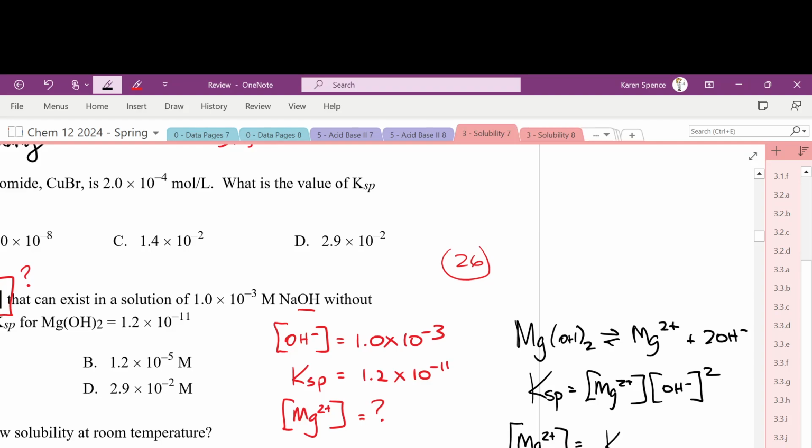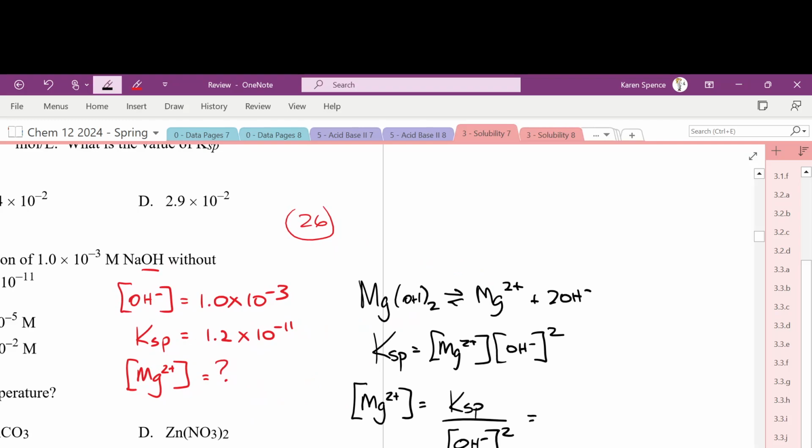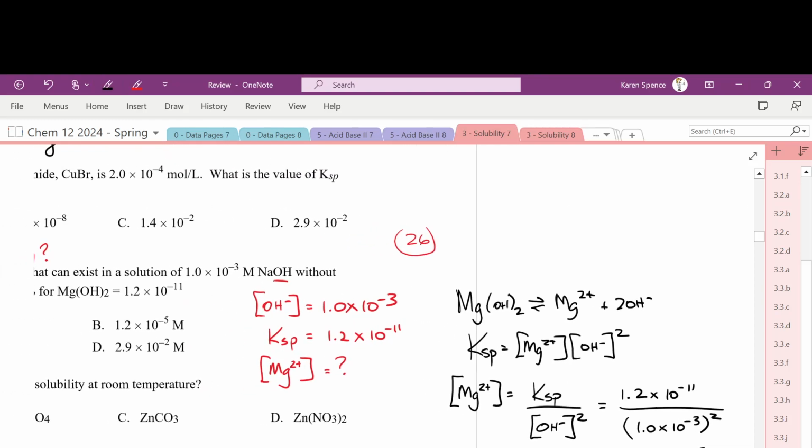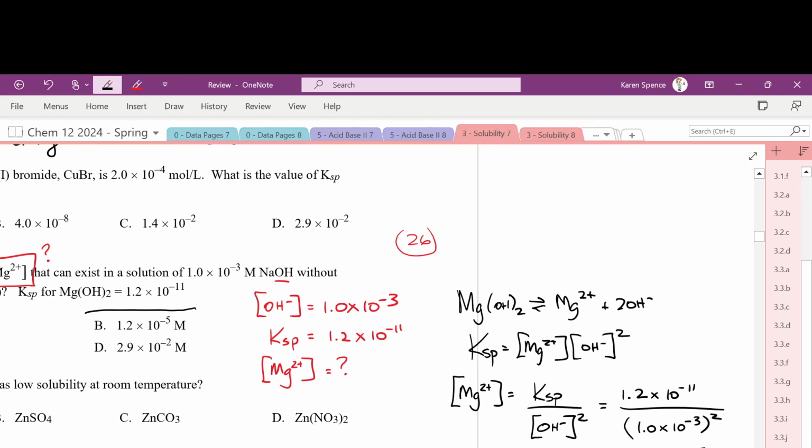That's going to equal KSP over the hydroxide ion concentration squared. So we would have 1.2 times 10 to the negative 11 divided by 1.0 times 10 to the negative 3 squared. So that's going to be 1.2 times 10 to the minus 5. So that's going to be B.